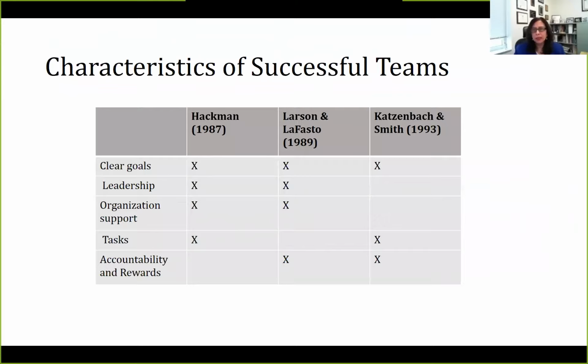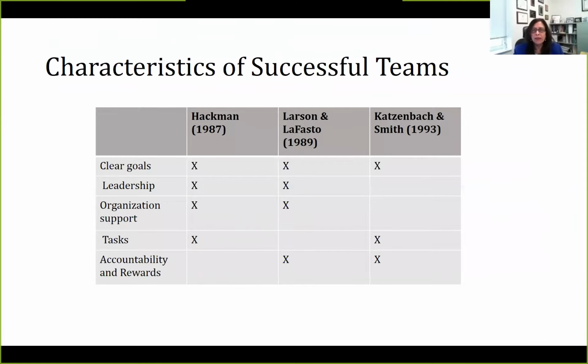Now, Katzenbach and Smith, and a lot of the Harvard Business Review, have many articles in a similar vein, and I think several articles were published around 1993. His expertise is basically management, so they generally study a small number of groups or teams who are in management, leading the organization.